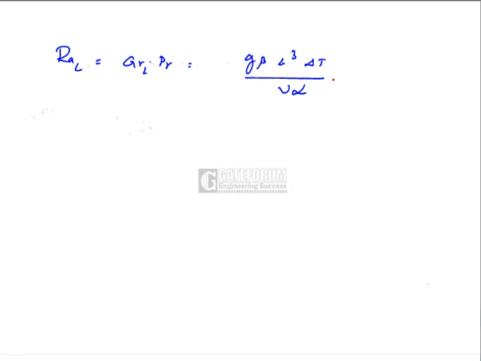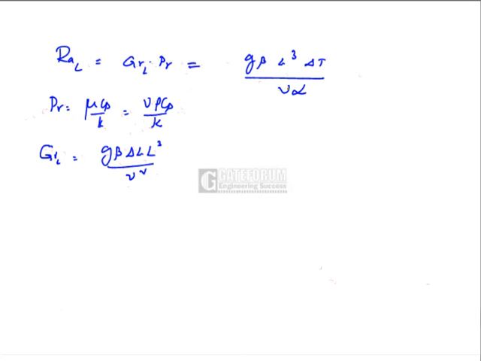In fact, Pr is given by mu Cp by K or nu rho Cp by K. Grashof number is given as g beta delta T L cube by nu square. If we substitute these two values, we get a Rayleigh number. These two are the formula for Prandtl number and Grashof number.